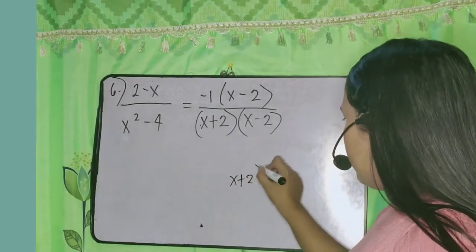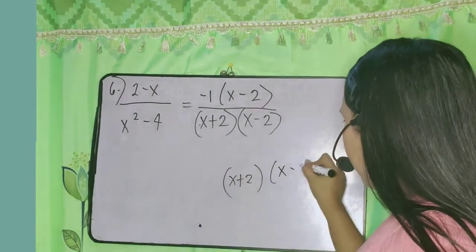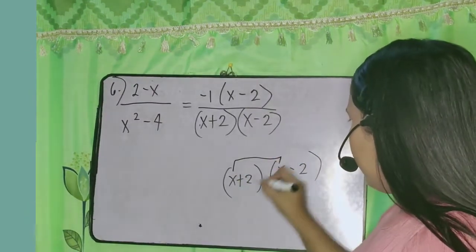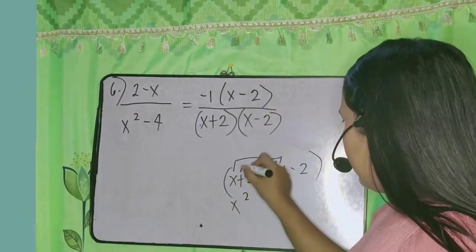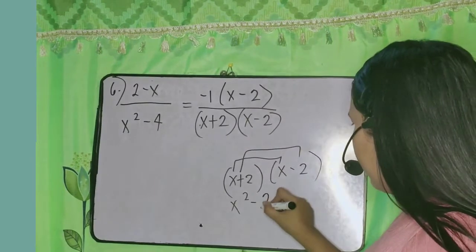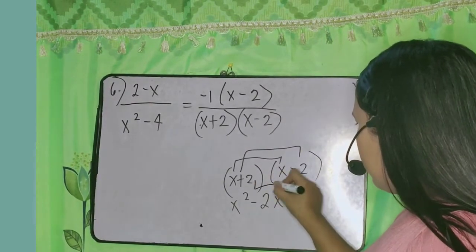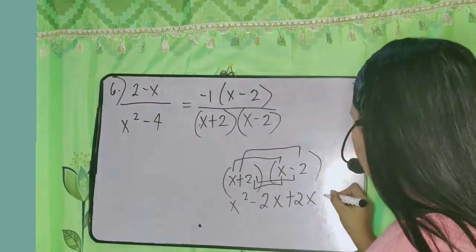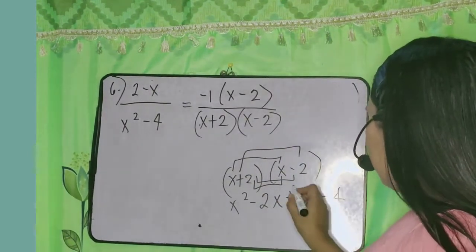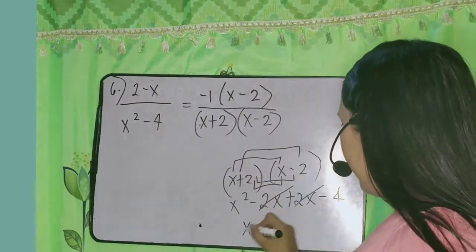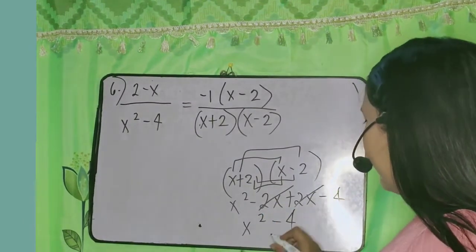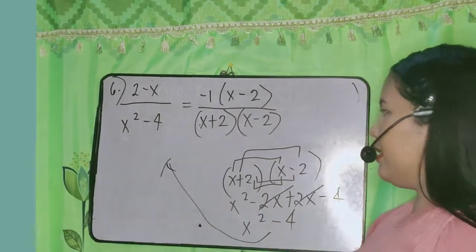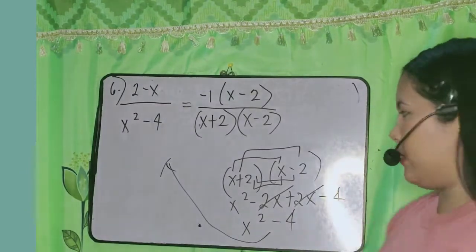So x plus 2, then x minus 2. Okay, so x times x, x squared, x times negative 2, negative 2x, positive 2 times x, positive 2x, then positive 2 times negative 2, we have negative 4. So, cancel natin ito. We have x squared minus 4. So, again, sumakto po siya dyan. So, therefore, tama yung factor na nakuha natin.